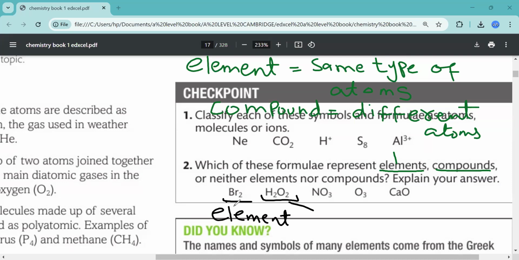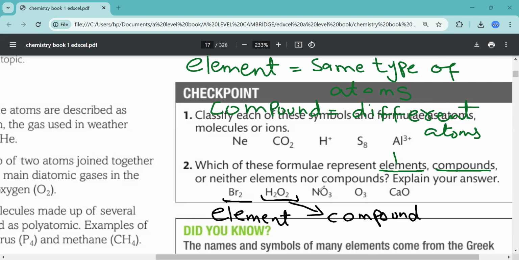Second one, H2O2. It's a compound. Why are we saying that it's a compound? The reason is very simple. First is hydrogen in capital and then oxygen, which is also in capital. That's how we recognize that there are two different atoms chemically joined together. So it's a compound.